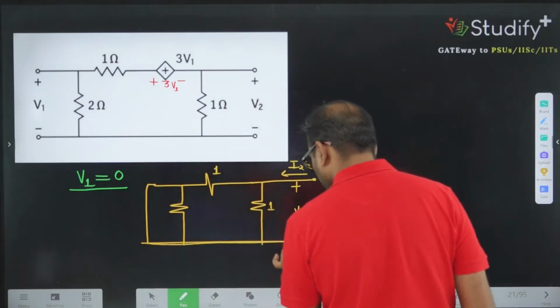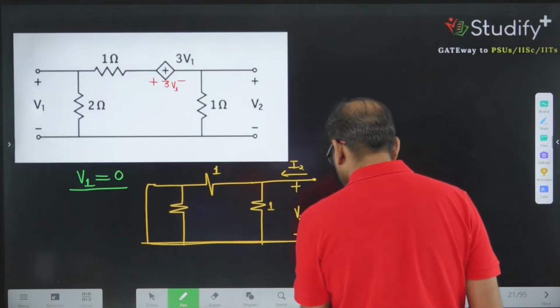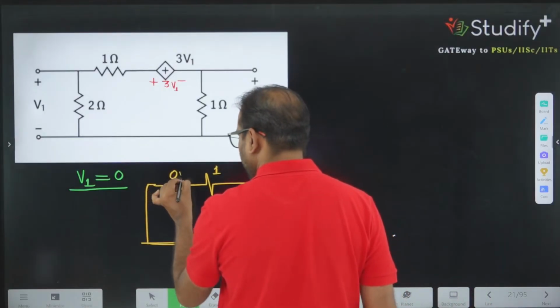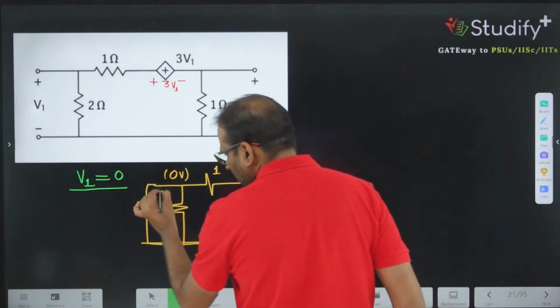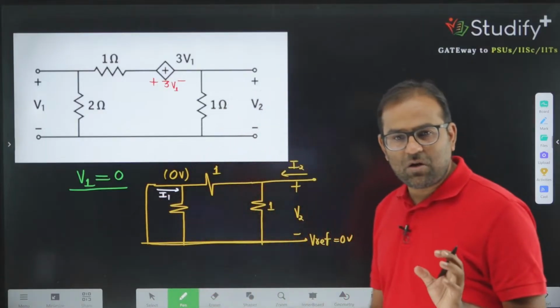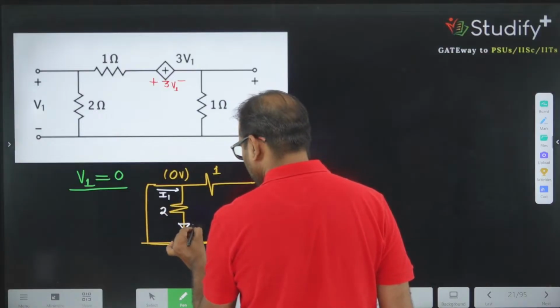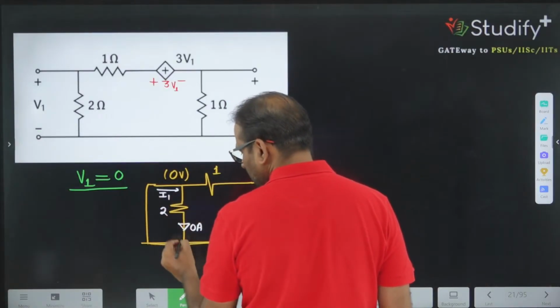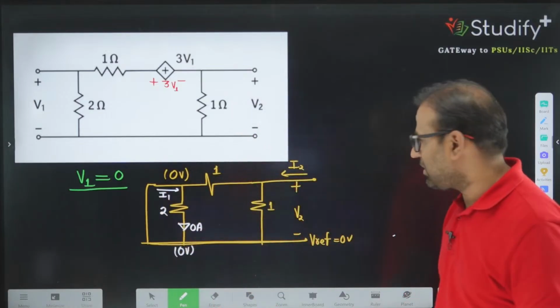So this whole value is V reference. V reference equal to 0 means this potential is also 0. And what is current entering from here? This current is I1. But this current is not going into the 2 ohm resistance, so this current is 0. The current across a resistance is given by higher potential minus lower potential divided by resistance, which is 0.